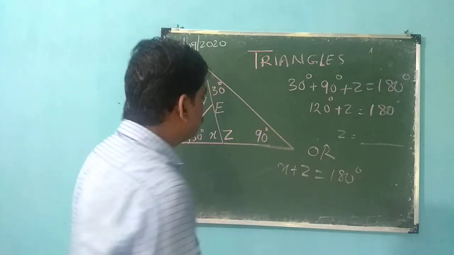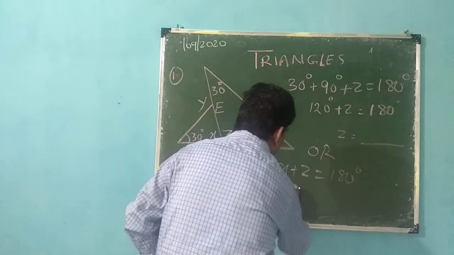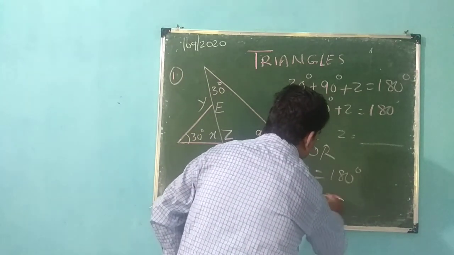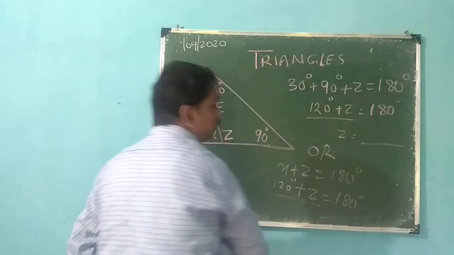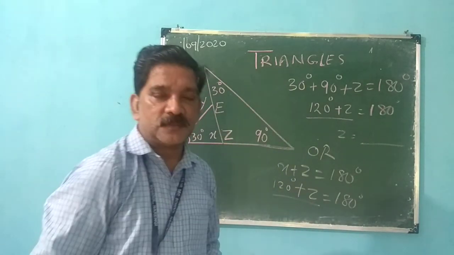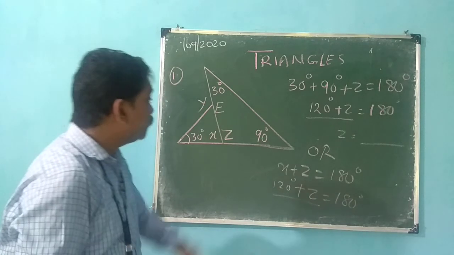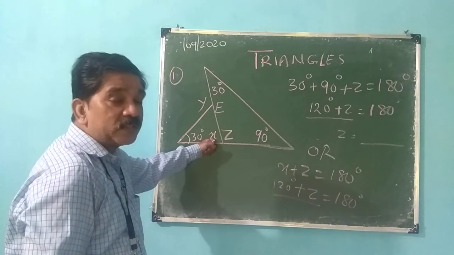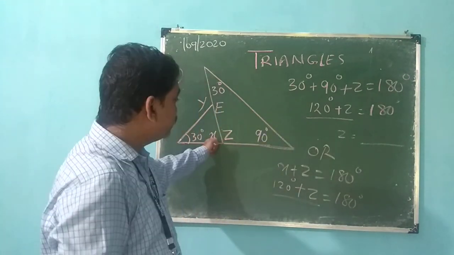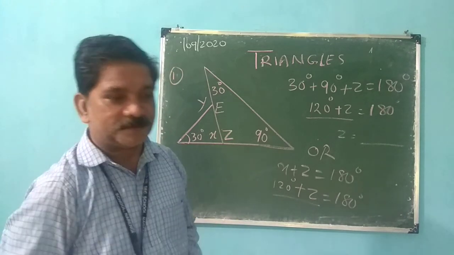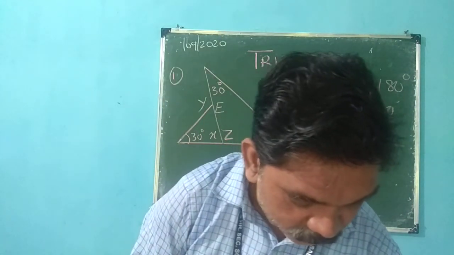So what we did just now, the value of x was 120 degree plus z is equal to 180 degree. Now see here, it has come to the same thing. The choice is yours. You can do it by any of the methods. Suppose the value of x is not given, then you have to apply this method. But if the value of x is given, you can easily find out the value of z. Okay, this was one question I took. Let me take one more question.